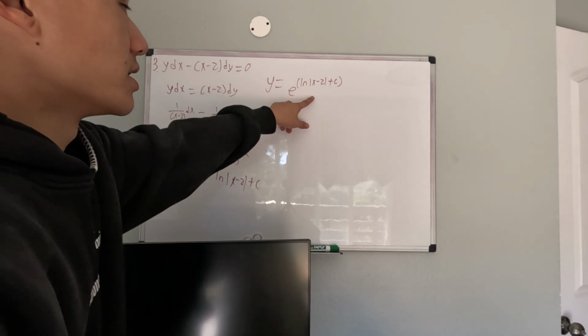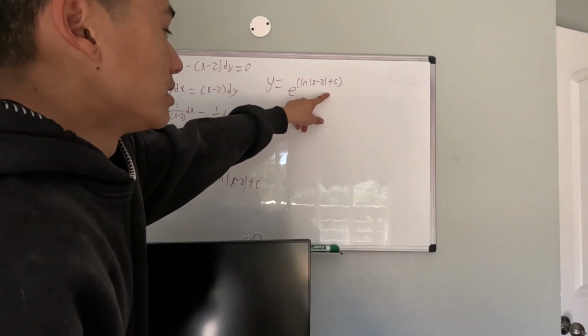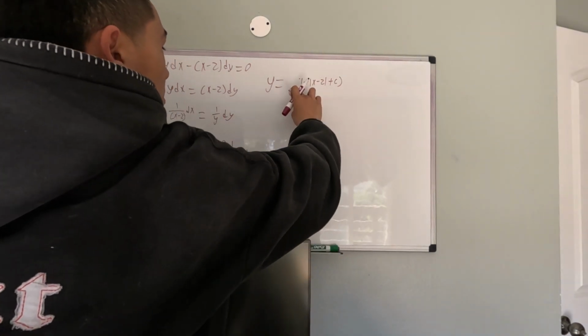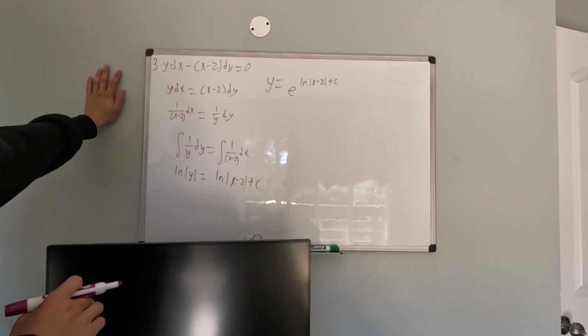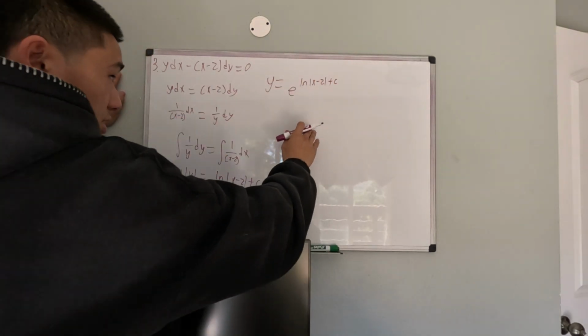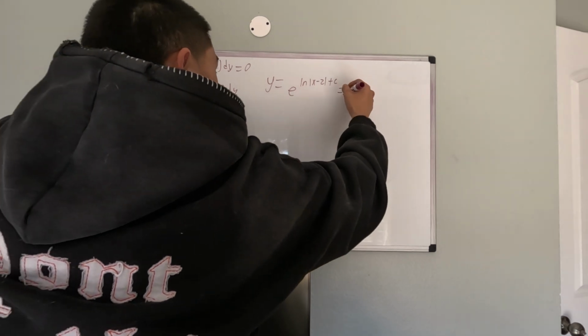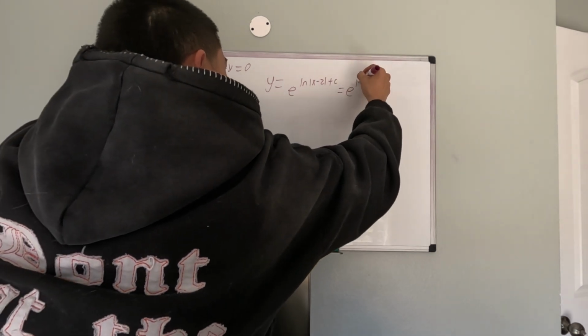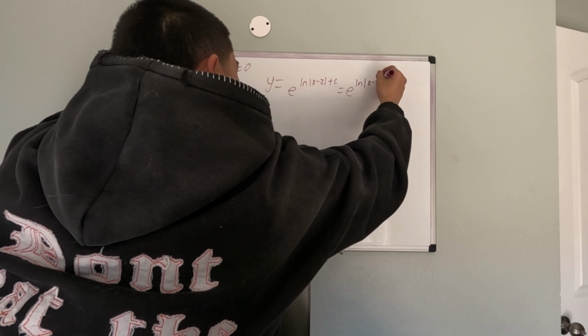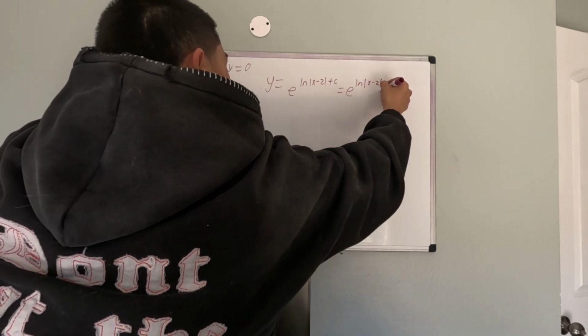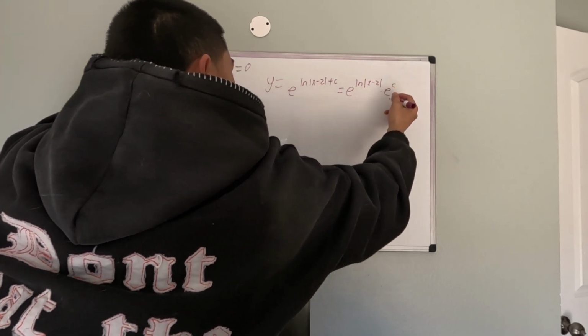What's going to happen here is you're going to see that you can also rewrite this as e to the ln of x minus 2 times e to the c, right?